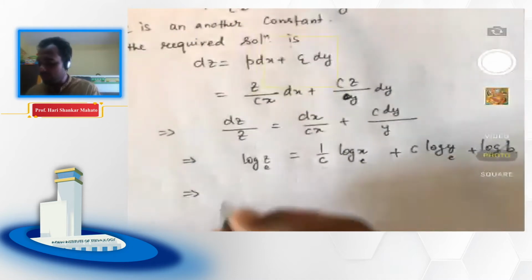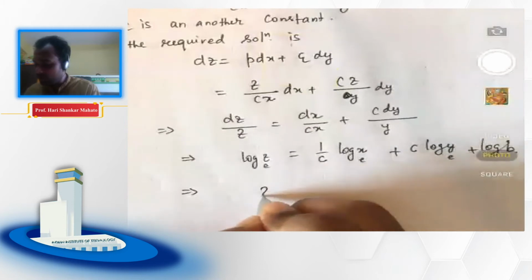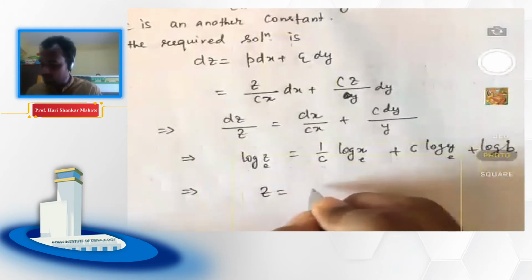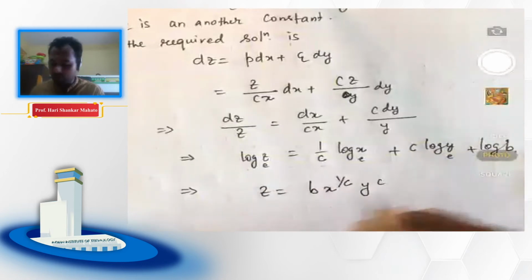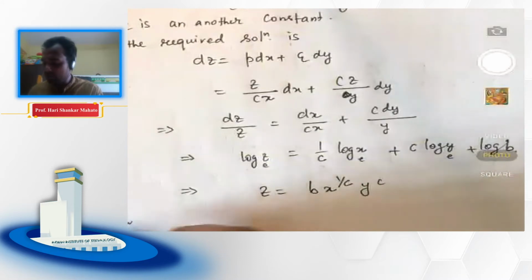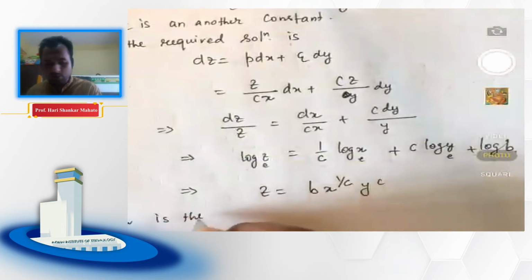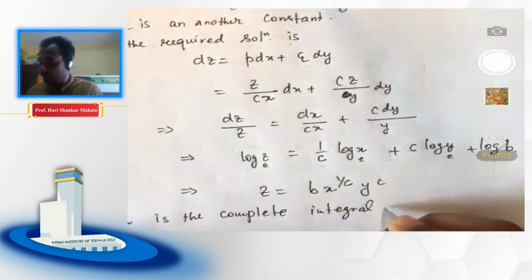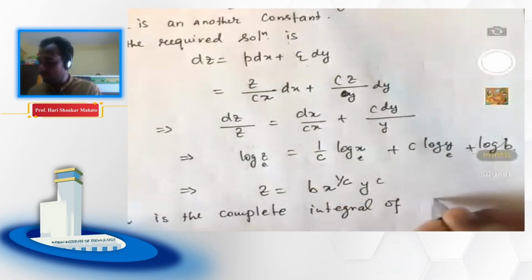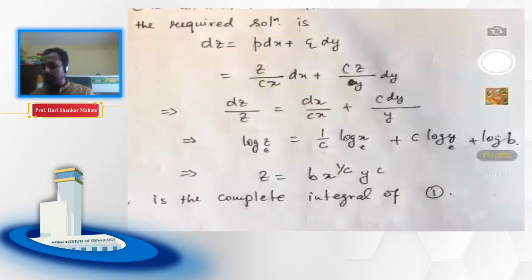Therefore, ultimately we will have z equals b x to the power 1 by c and y to the power c, which is the complete integral of 1.